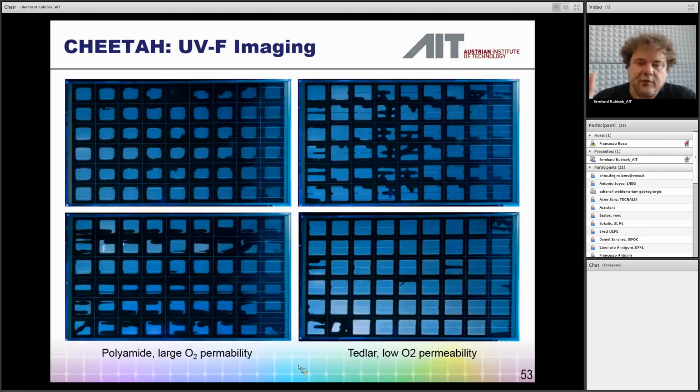You can see here that these modules, we know for sure, were mounted at the same time in the same location, and the thickness of the dark areas is much wider with the polyamide, which is an indication that in this case, the destruction of fluorescence at the gaps of the cell is probably linked to the oxygen diffusion. However, we also have seen other indications that water might be a big factor, or even glue. If you stick a sticky tape to the backside, it will also change things.